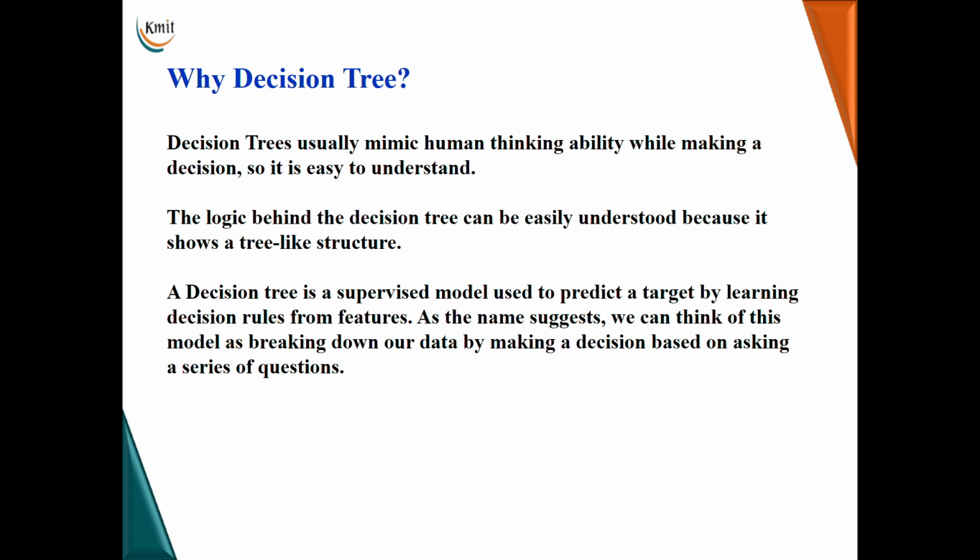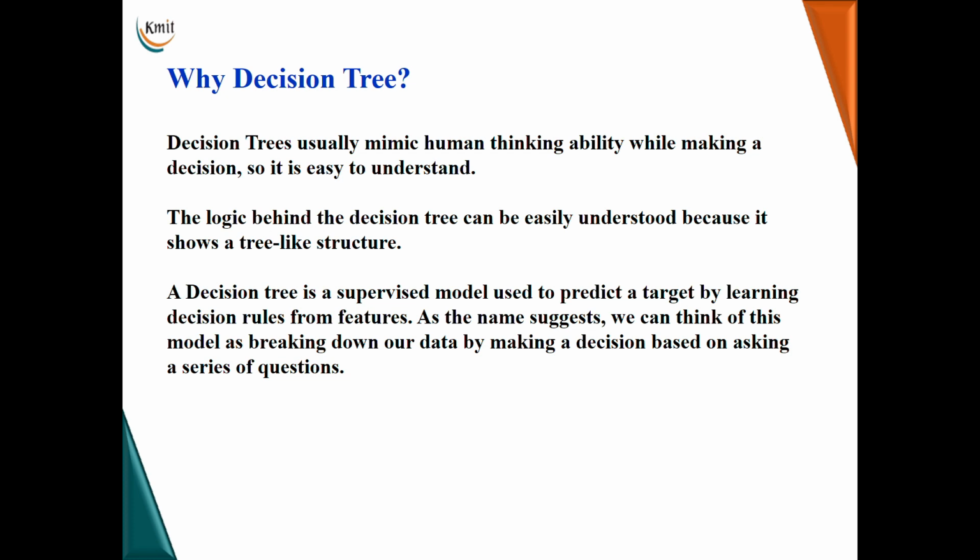See here, why decision tree? Decision trees usually mimic human thinking ability while making a decision, so it is easy to understand. The logic behind the decision tree can be easily understood because it shows a tree-like structure. A decision tree is a supervised model. When I was talking about supervised and unsupervised learning, I told you that in supervised learning you have classification.